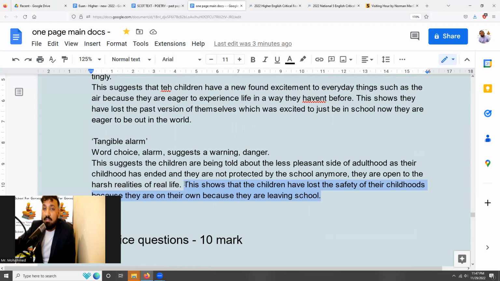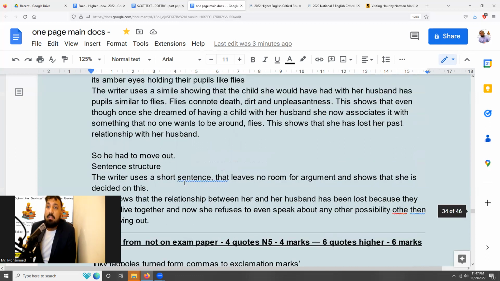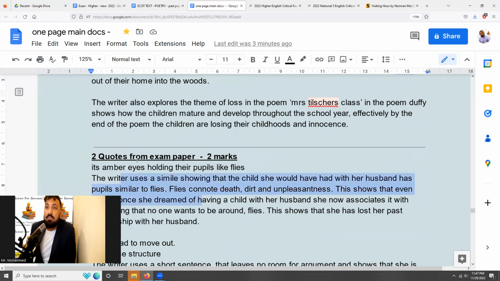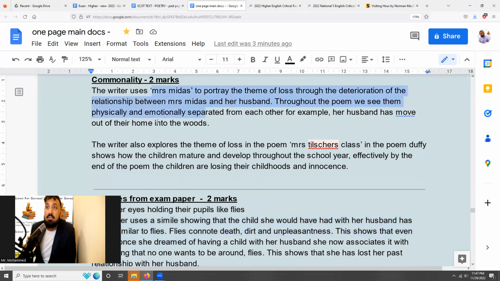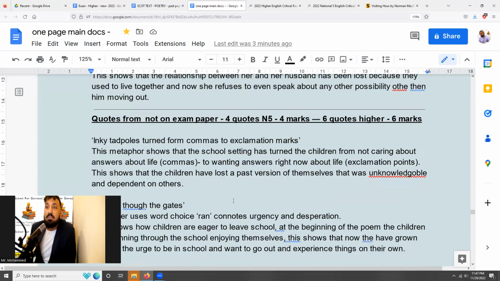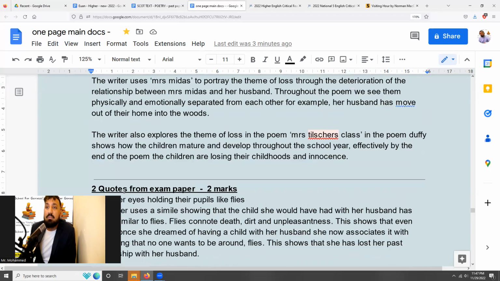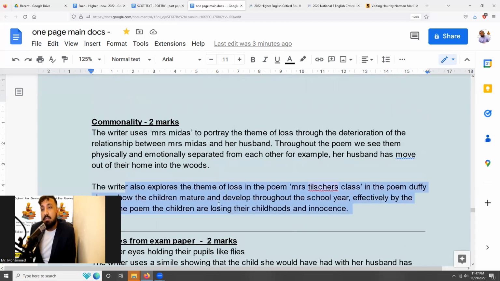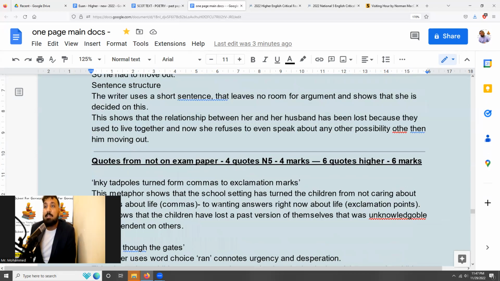Remember, in the first part, quotes from the exam paper, you connect it to the commonality statement about the exam paper. And then in the second part, quotes that are not in the exam paper, you connect it to the commonality statement about what's not on the exam paper.